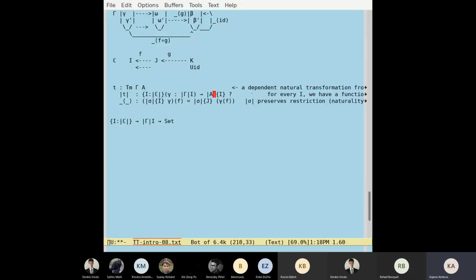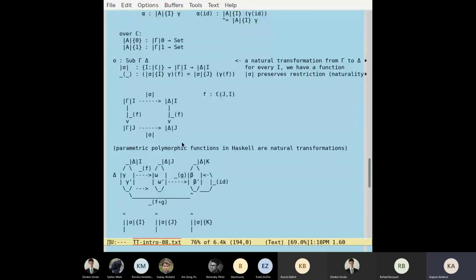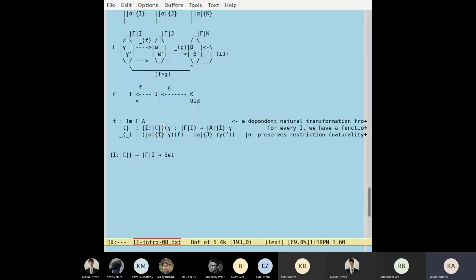So these are just dependent functions, right? For substitutions, I just had non-dependent functions, right? Here, this is a non-dependent polymorphic function. For every I go from gamma I to delta I, and here is a dependent version of it. Okay, and I have the same equality.